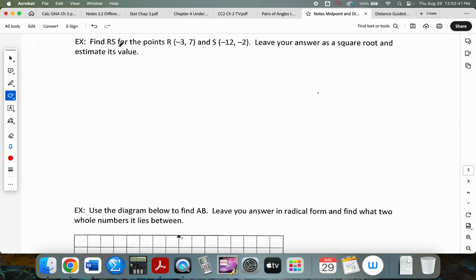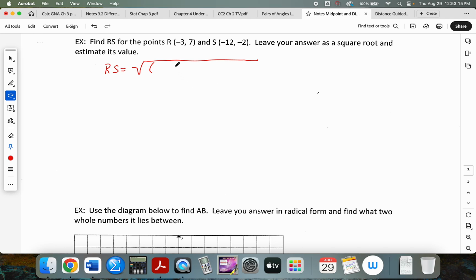Find RS. Remember when it says RS with nothing above it, that means the length of segment RS. You're finding the distance between R and S. For these 2 points, leave your answers as square root and then estimate its value. All right, so the distance from R to S will be equal to the square root of, it doesn't really matter which one you make x1 and which one you make x2.